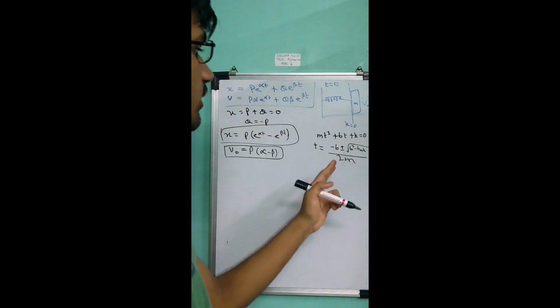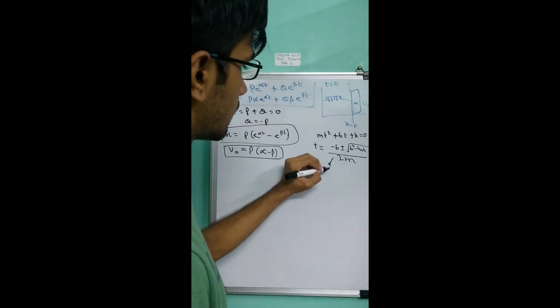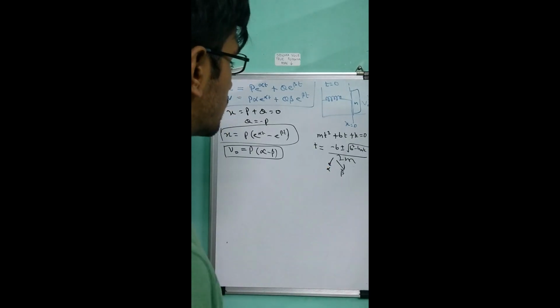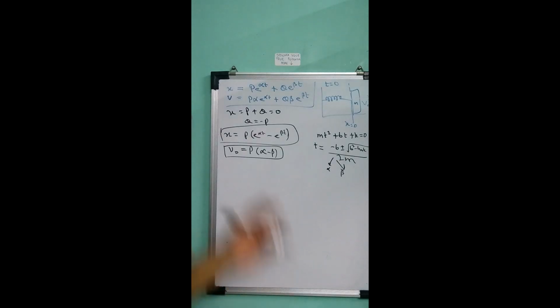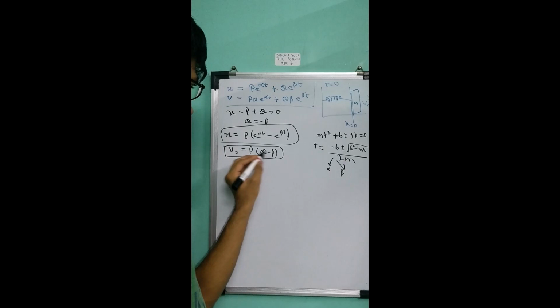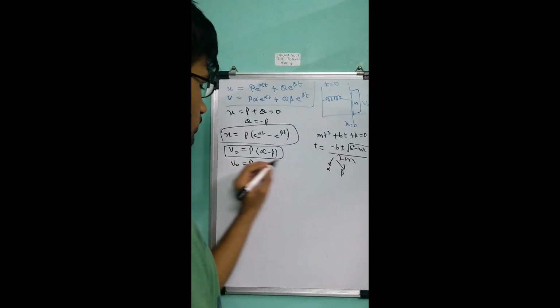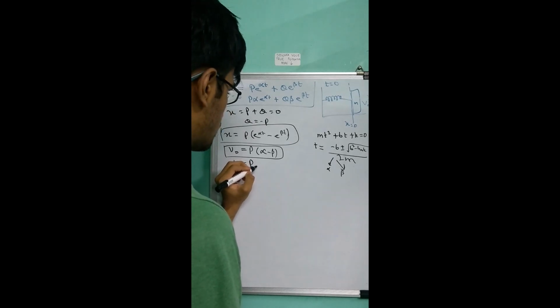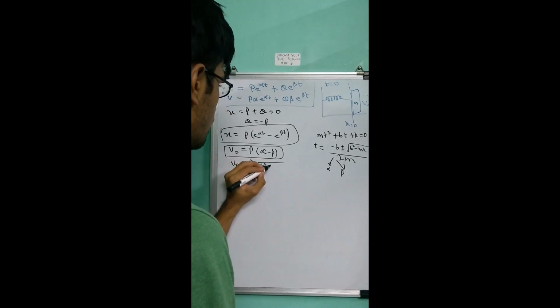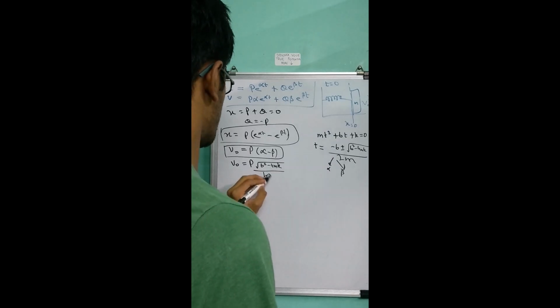So let's take minus b plus root b square minus 4mk by 2m as alpha and the other root as beta. So what will the difference of the roots be? The difference of the roots alpha minus beta here will be, V0 is equal to P into, you can check, root b square minus 4mk by m.